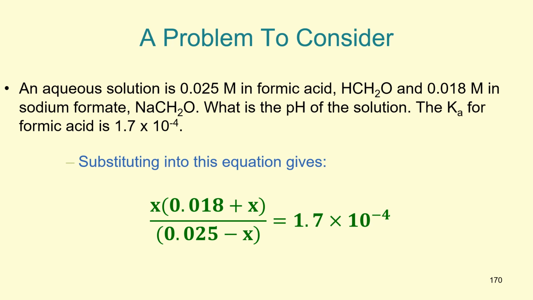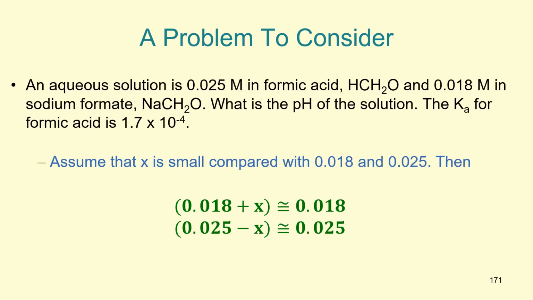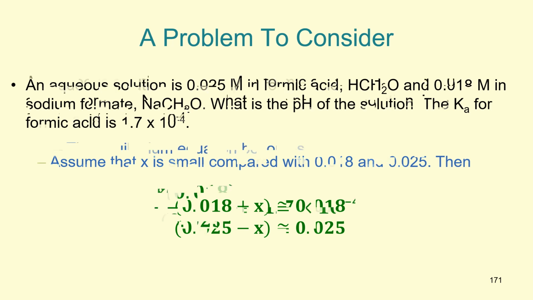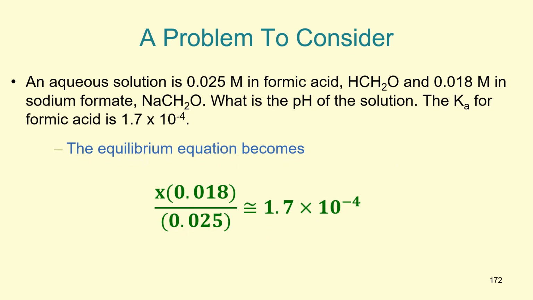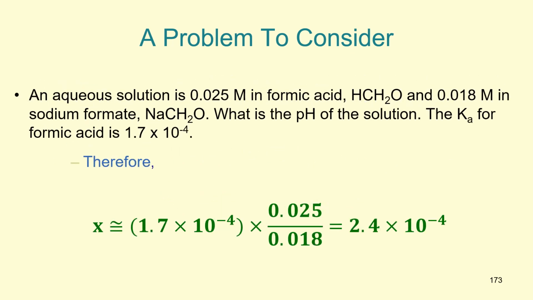It's greater than 100, so you can ignore the minus x, and if you can ignore the minus x, you can also ignore the plus x because they're both going to be negligible. So we're assuming x is very small, and then we're going to keep those numbers. It's a very easy problem to solve, and x is equal to 2.4 times 10 to the minus 4th. So yes, indeed, it's much smaller than either of those two numbers. So our assumption was valid.